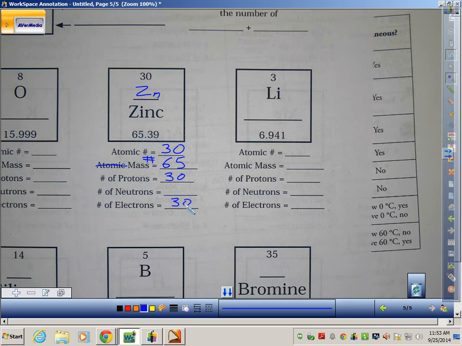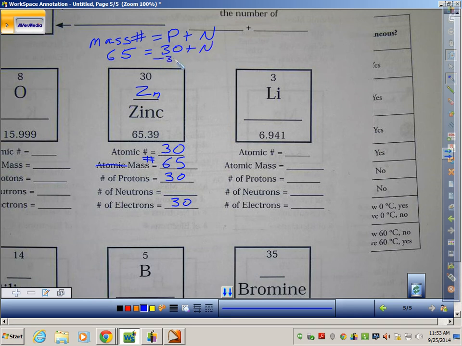And the thing you're after is the number of neutrons, okay? Well, this is the mass number. The mass number always equals protons plus neutrons, right? Oh, yeah, I have that written down. So if I know the mass number is 65, and I know my protons are 30, all I'm missing is my neutrons, correct?